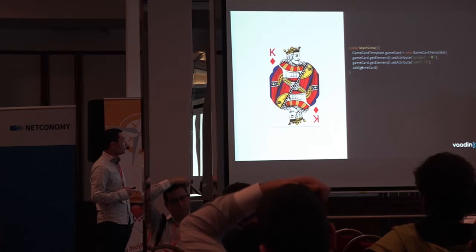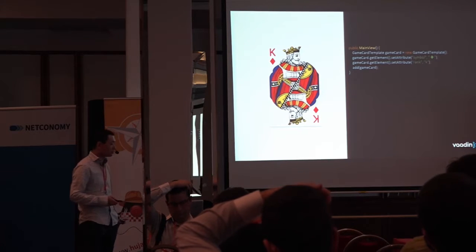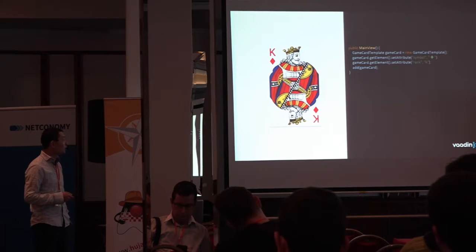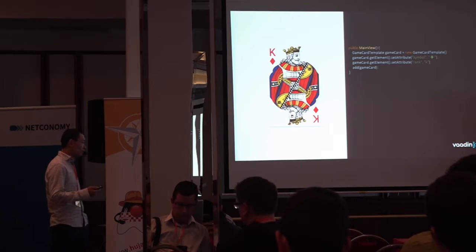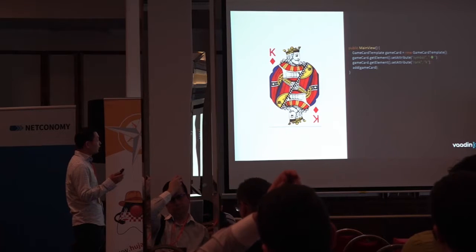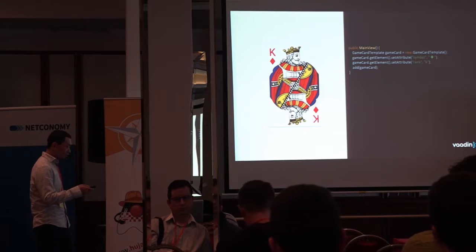But with Vaadin 10, now you can do this on the pure server side, pure Java. That's another very nice feature of Vaadin 10. So that's how you use custom elements or web components that are not part of the Vaadin components.